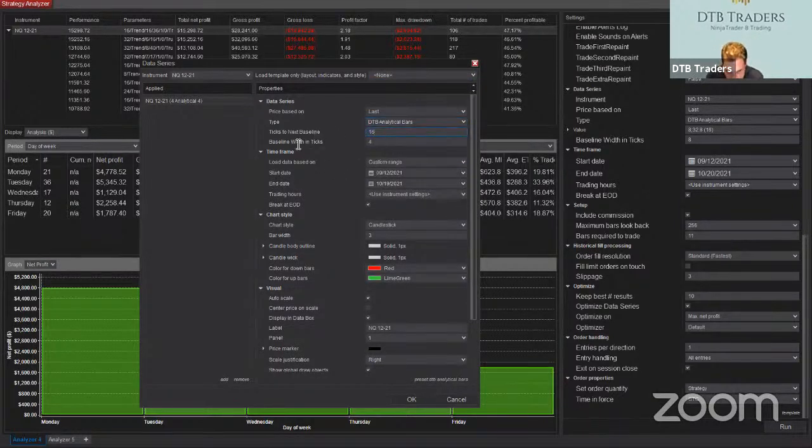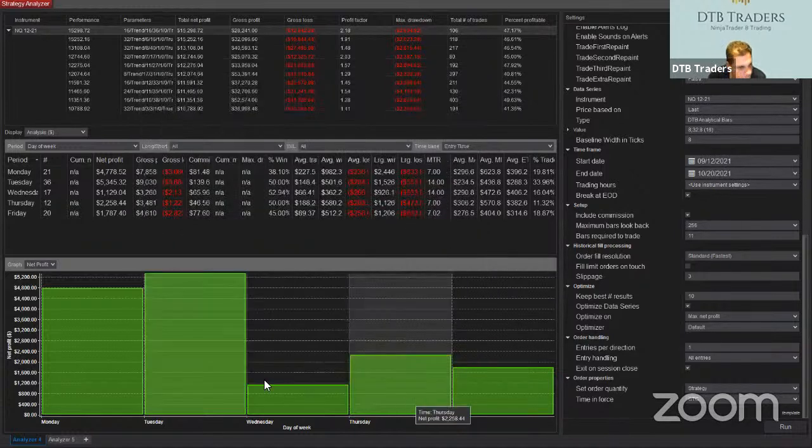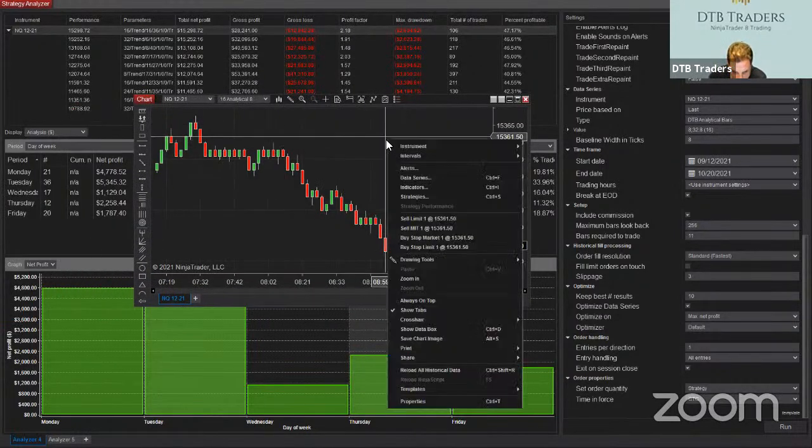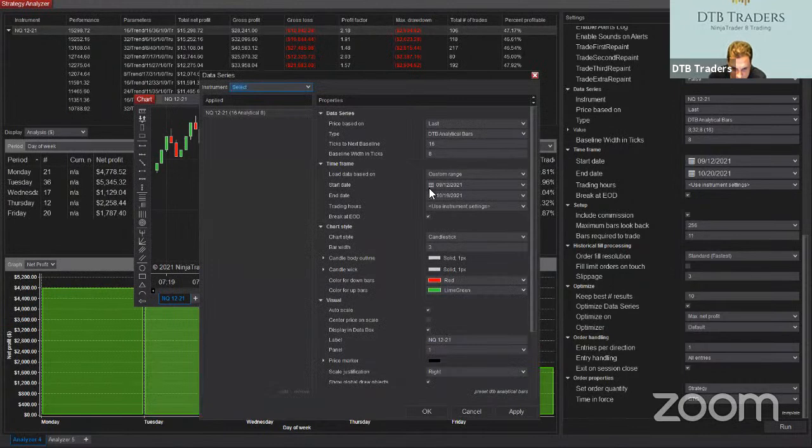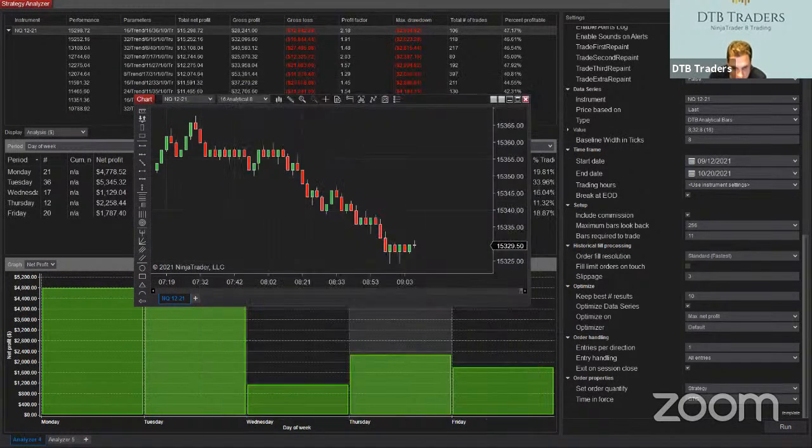So 16 and 8, and remember we're matching the optimizer, so we have to do that. Okay, so this 12th of September to today with break at end of day on. So bring that up, and then I'm going to go back into the data series. And for some reason, it kept it. Wow. Okay, great.